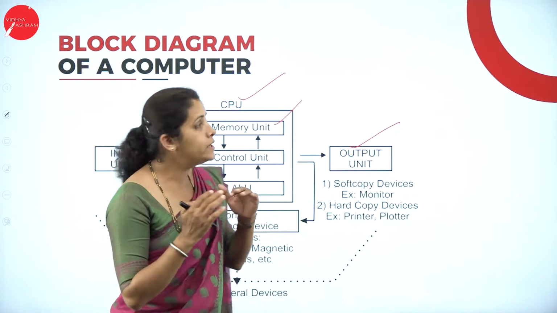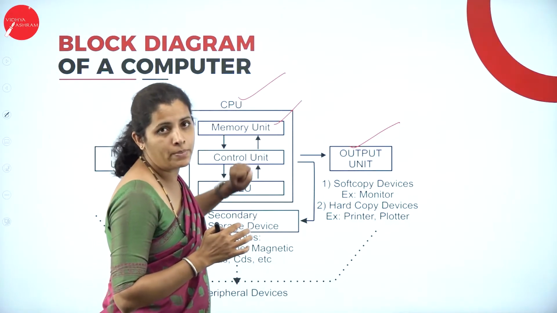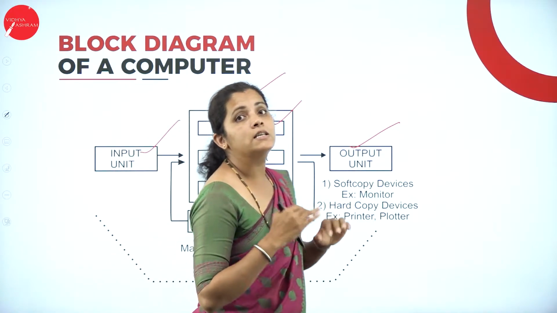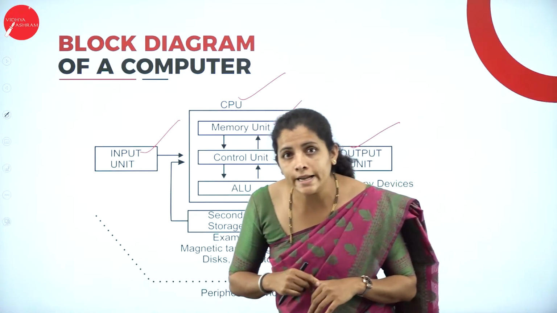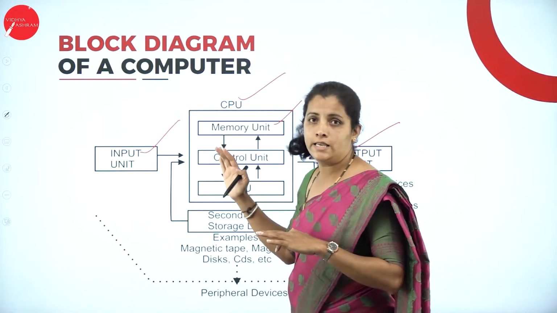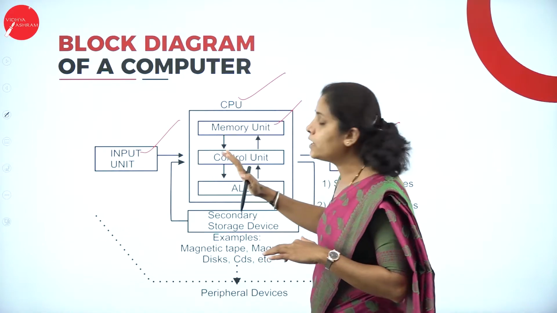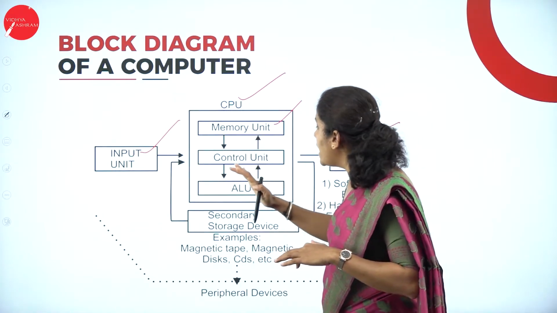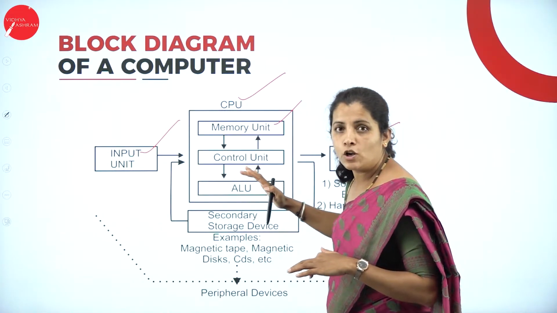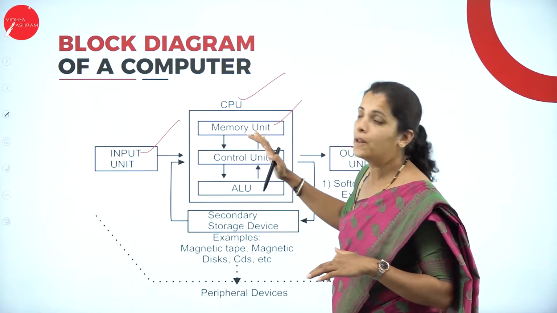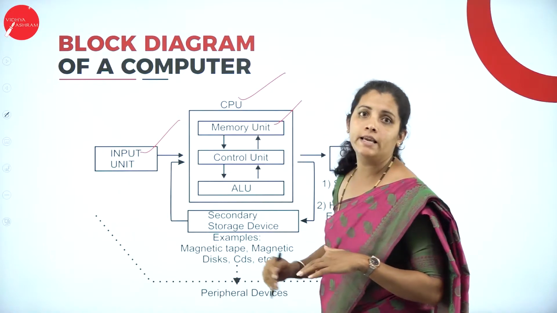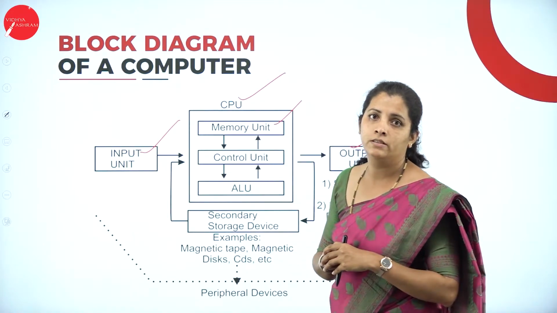That input is given to the CPU. Now the CPU is responsible for processing the data. Inside the CPU, the control unit and ALU, that is the arithmetic logic unit, are responsible for processing the data, and it is stored in the memory unit.